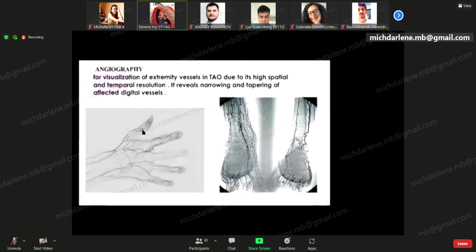And in the left angiography, you see the absence of branches of vessels. It's Buerger disease. And here you see the changes of vessels and poor blood supply of the distal parts of the feet.